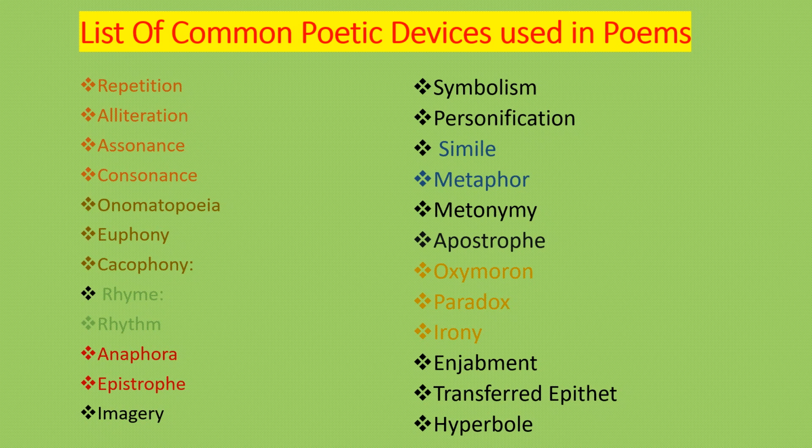For your extra knowledge, I have given many other poetic devices also in this presentation. But as far as the CBSE curriculum and syllabus is concerned, this slide shows just the important and very common poetic devices used in the poems given in your main course book.